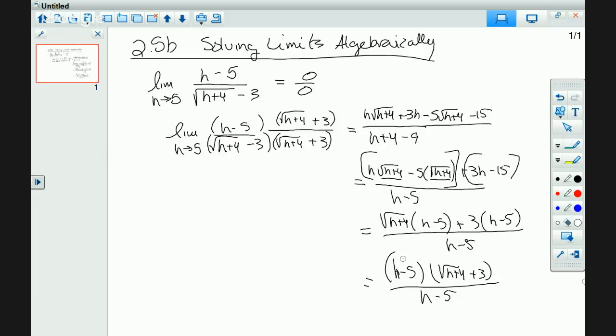This is the same as saying 3x plus 3y. There's 2 terms, I can factor 3 out of each of them, right? Well, there's 2 terms, I can factor the h minus 5 out of them. Now we can cancel that one. And all you end up with is that, you can plug and check.